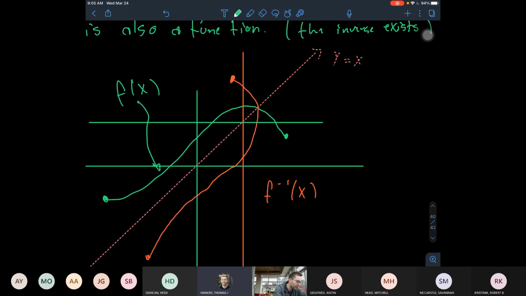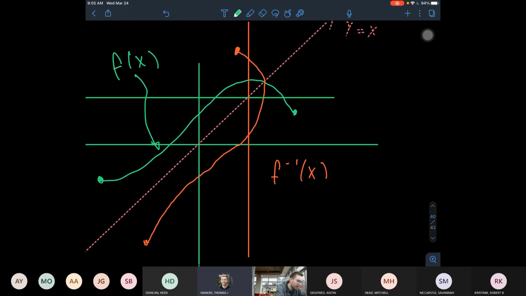But if the output of your function is the y value which lies right here at this red point, well, there's two inputs which correspond to that output. So if you say, what's the unique input which produces this y value in this function, then I'm at a loss. I can't answer your question because there's two places where the function reaches that value. So the question doesn't really even make sense.